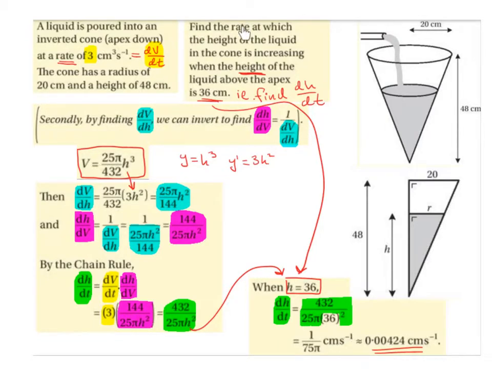So the rate at which the height of the liquid in the cone is increasing when the height of the liquid above the apex is 36 centimeters is approximately equal to 0.00424 centimeters per second.